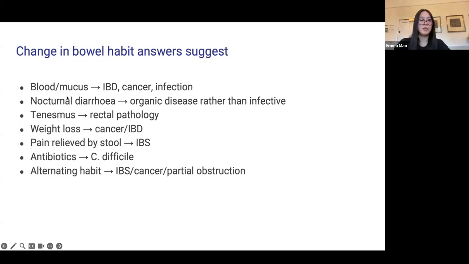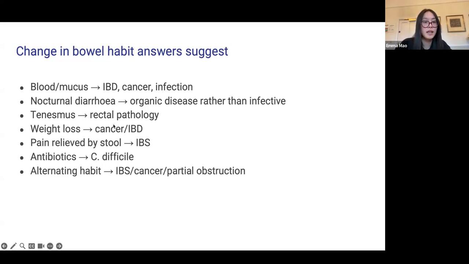So blood and mucus could suggest IBD, cancer or infection. Nocturnal diarrhea, so it only happens at night, suggests more organic disease rather than infective. And then tenesmus, which is feeling like it's not finished, is more likely to be a rectal pathology.